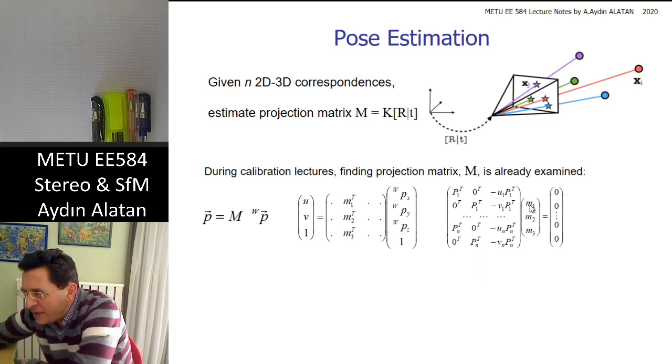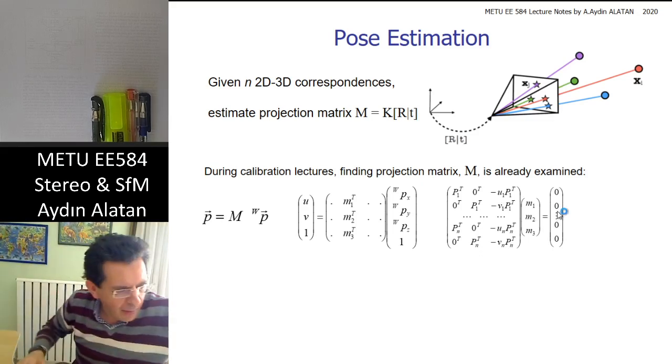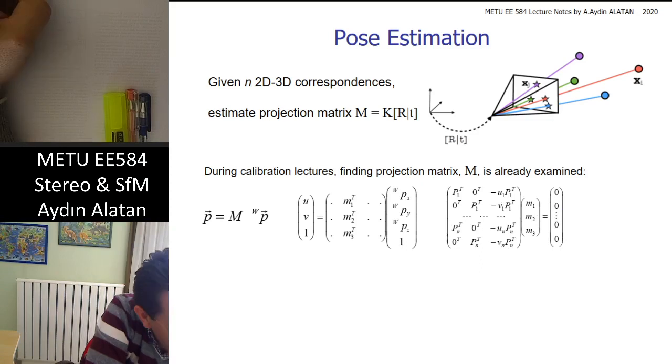Please note M1 is 4 by 1, this is 4 by 1, this is 4 by 1. The whole thing is 12 by 1. There's a vector here, 12 by 1. And all these things are known to us: 3D coordinates and their homogeneous pixel locations. And that's equal to 0. Therefore, I'm talking about a problem like AX equals 0.